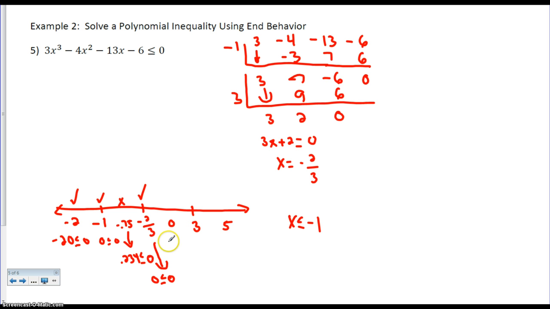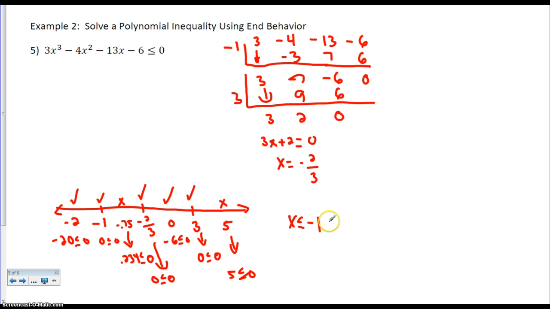When I plug 0 in, I get -6, which is less than or equal to 0. So that does make that true. When I plugged 3 in, I got 0, which is less than or equal to 0. So that's a solution point. And then when I plugged 5 in, I got 5. And 5 is not a solution point because it is not smaller than 0.